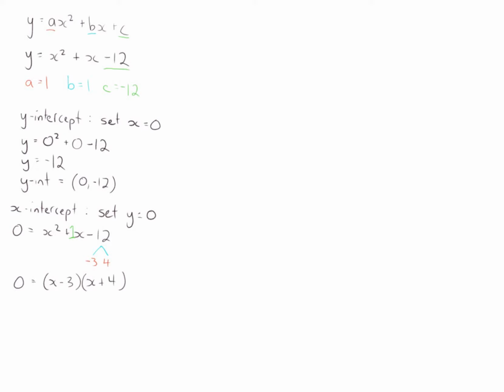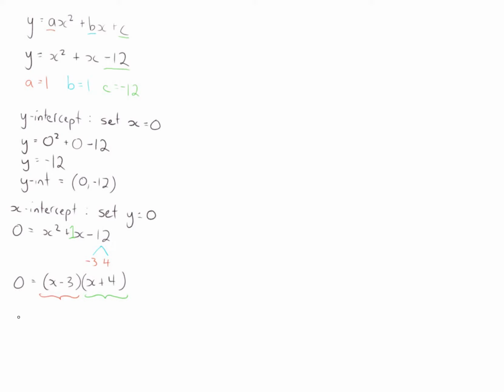The reason we factorize is because now that we have 2 distinct parts, we have the x minus 3 and we have the x plus 4. Either of these can be set to 0, because if one of them is 0, then it doesn't matter what the other thing is, because 0 times anything is 0.